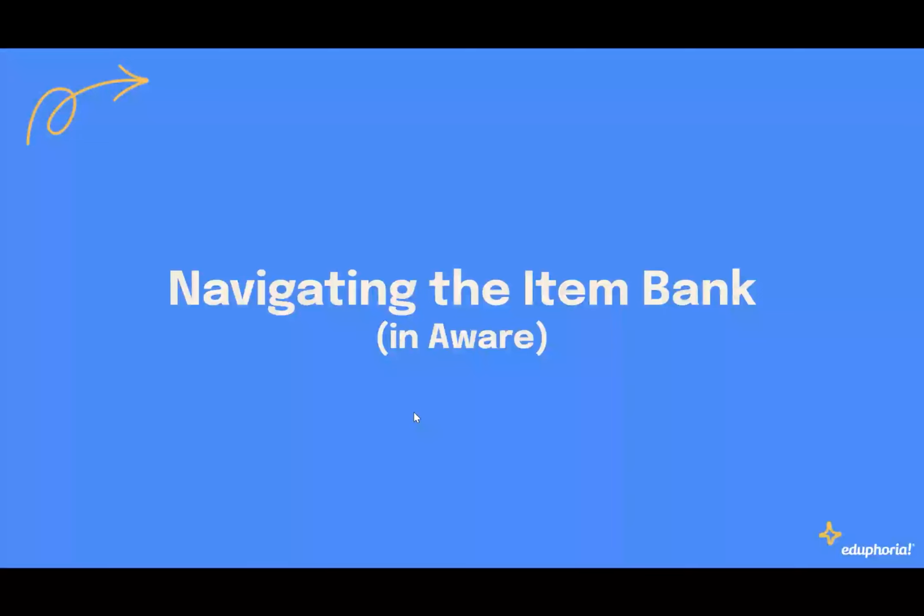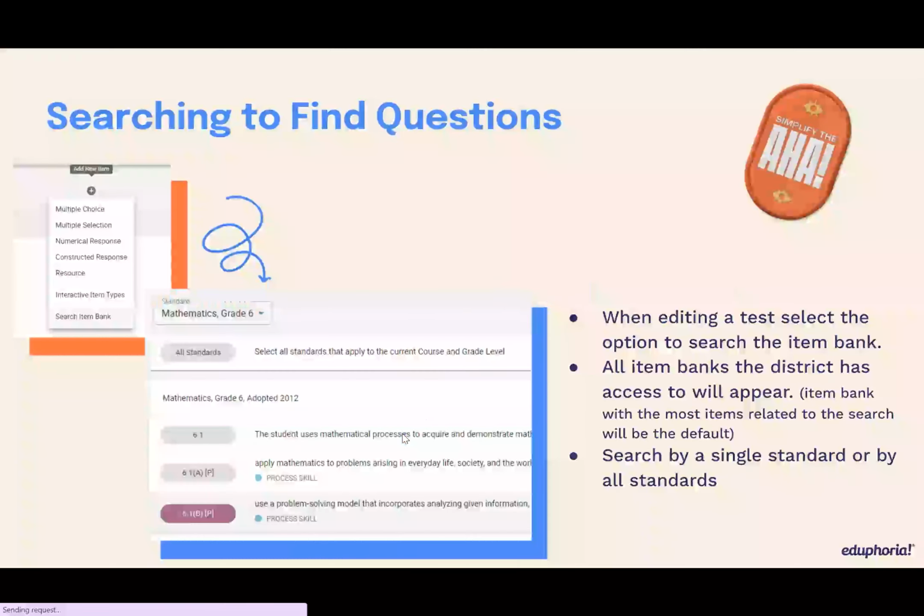All right, I didn't see anything come in. So for the remainder of our time, I'm just going to quickly talk about navigating the item bank and some best practices as it relates to Aware directly. So one of the main pieces that you'll discover is as you're adding item types, you get the option when you click on our plus sign within the interface to search the item bank.